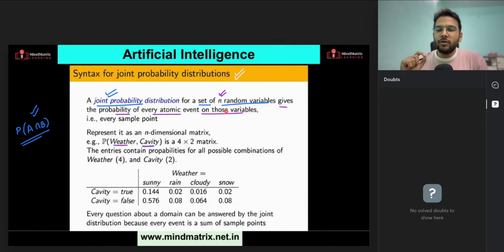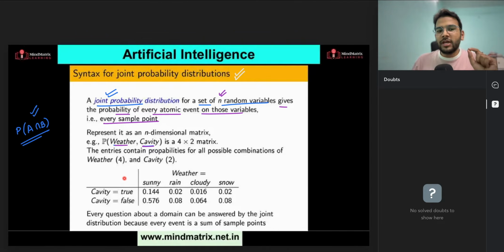Similarly for rain you will have the probability value in that distribution. Similarly for cloudy, snowy, and the other random variable, cavity, will also have its value present in that distribution. So every sample point will be covered.